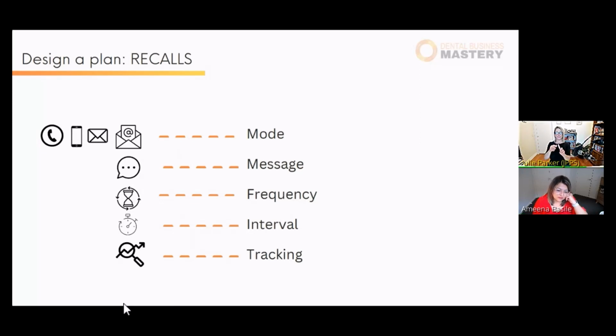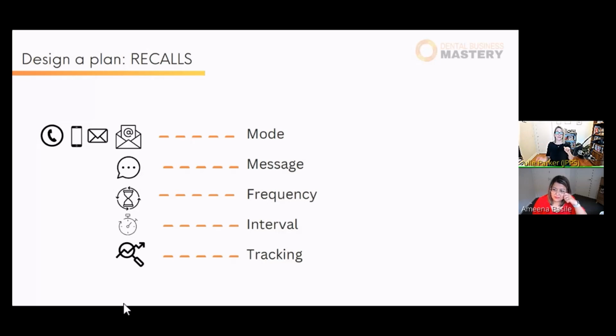We wouldn't, for example, send an SMS, then 2 days later send a letter, then 1 day later make a phone call. What's going to be the interval? And you just reflect on yourself. What would you find acceptable and supportive as a patient? You'd probably send the SMS, then maybe 2 weeks later send a letter, and then maybe 2 weeks later again, or 3 weeks later make that phone call. So decide on the interval as well.